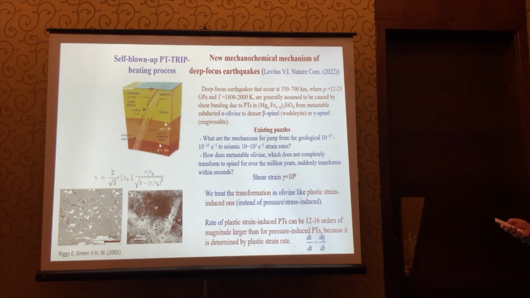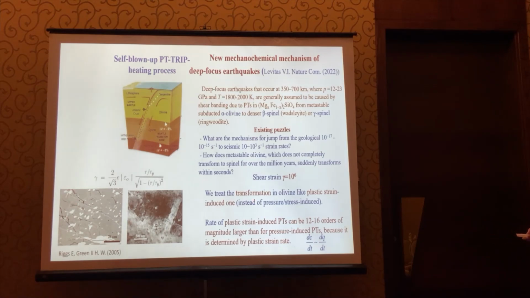And we developed several new concepts to explain this. And one of them is natural for us: we treat transformation in olivine like plastic strain-induced phase transition instead of pressure-induced. And this was not done for any phase transition in geology.